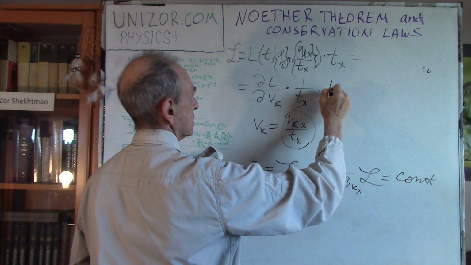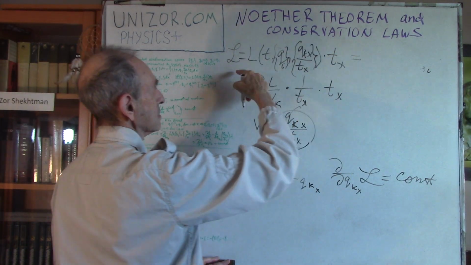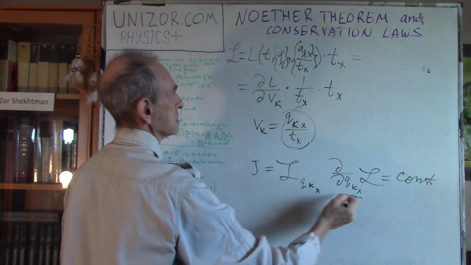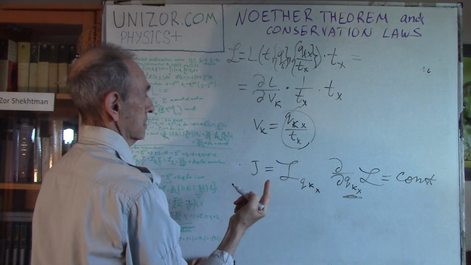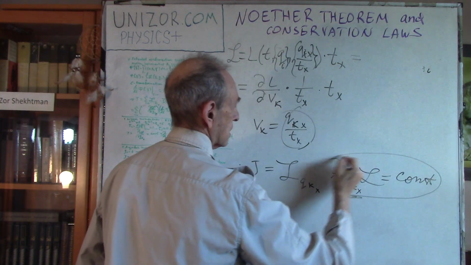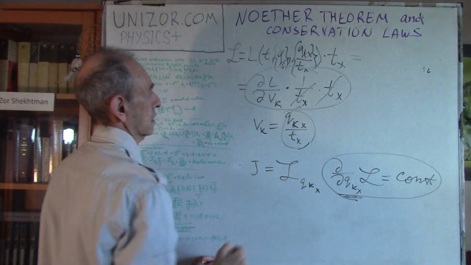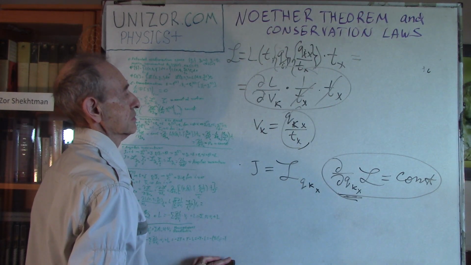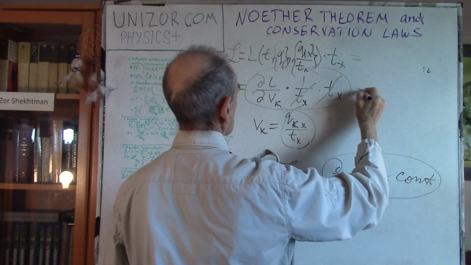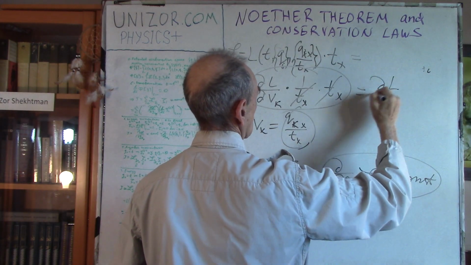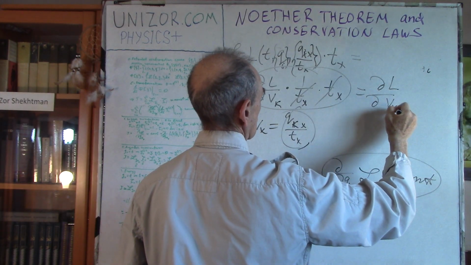And multiply by Tx. Tx is just a constant because it doesn't really depend on this. So Tx, the derivative of T by x, is cancelling, and now we have dL by dVk.